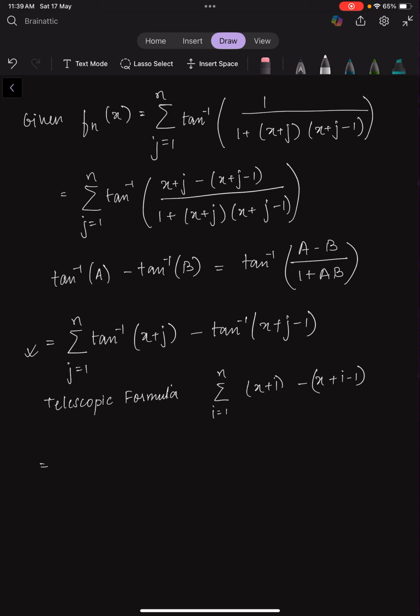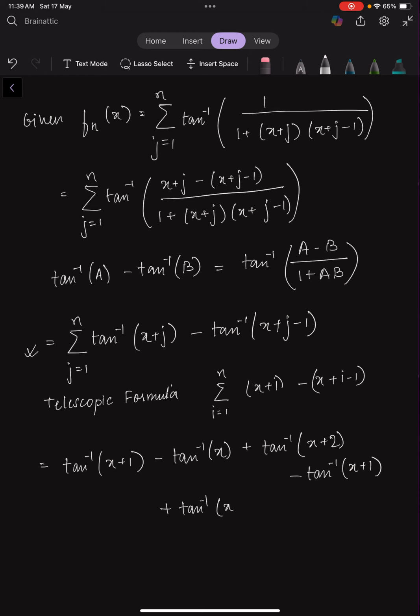Let us plug in a few values. So tan inverse (x plus 1) minus tan inverse x, plus tan inverse, now j equal to 2, (x plus 2) minus tan inverse (x plus 1), plus tan inverse (x plus 3), now j equal to 3, minus tan inverse (x plus 2).